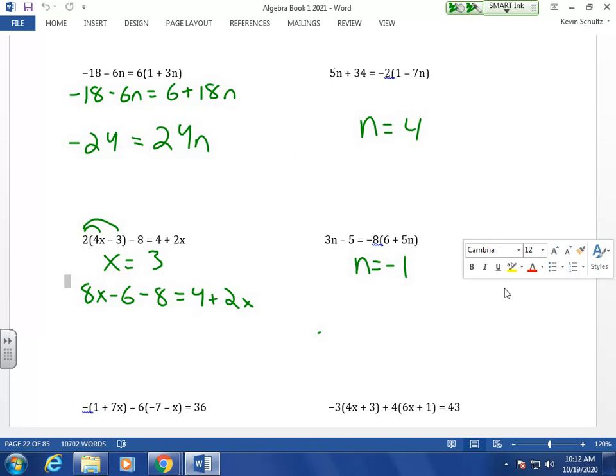In your next step, now you're going to look to combine like terms. -6 minus 8, that's going to give us 8x minus 14 equals 4 plus 2x. Good so far? Okay. So then, to get variables on both sides, did you move them to the left or move them to the right?